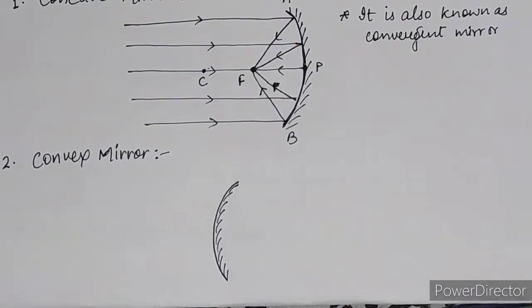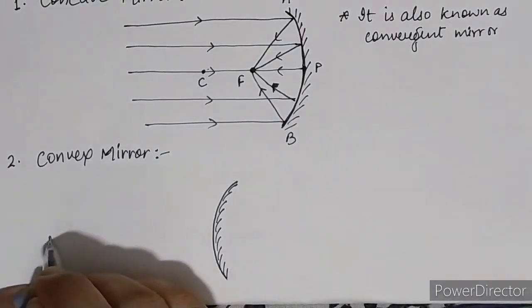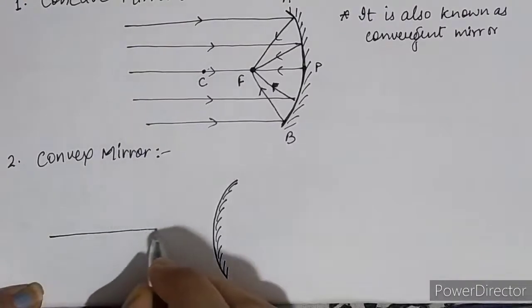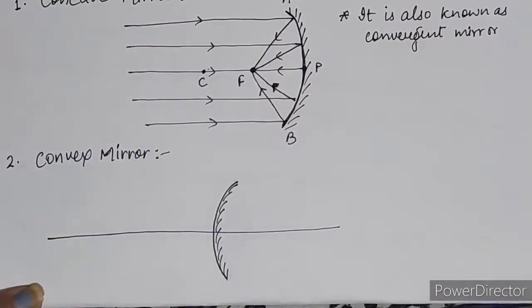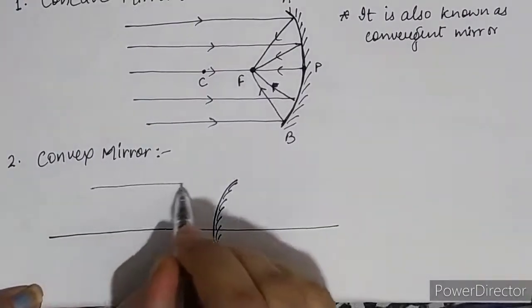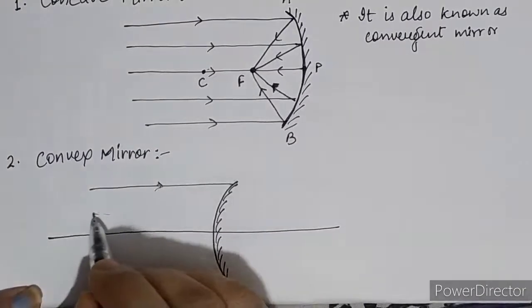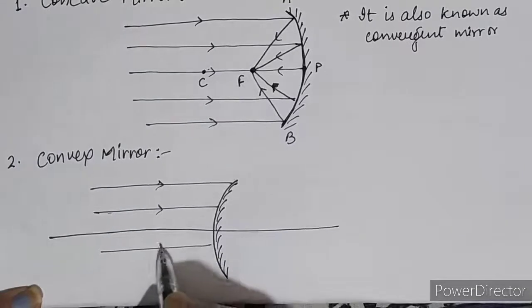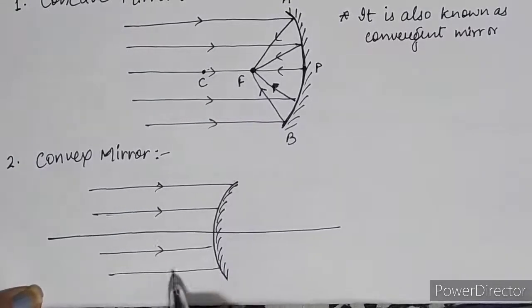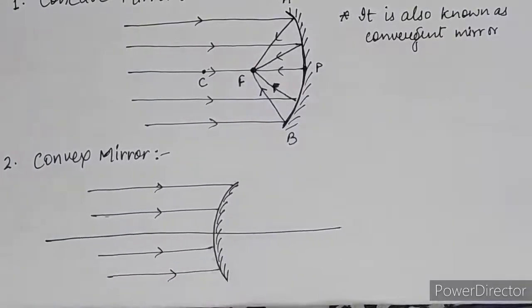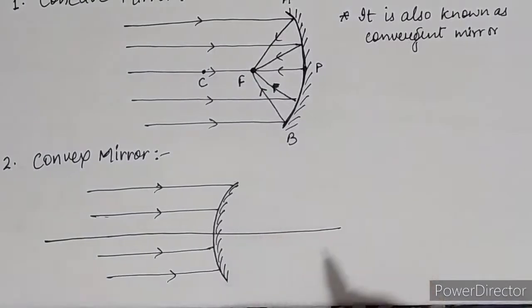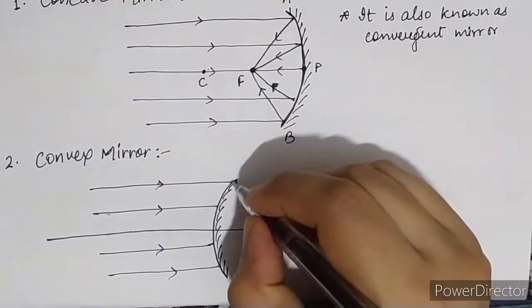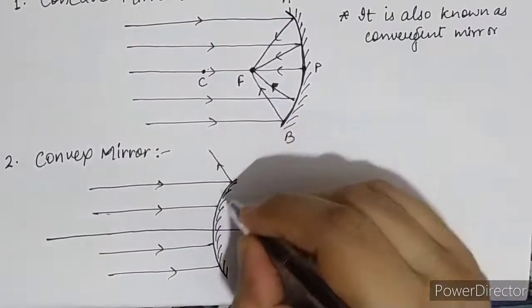Now I have drawn one principal axis line from the center. When parallel light rays are incident on the reflecting surface of the convex mirror, it always diverges the light rays. Light rays are diverged.